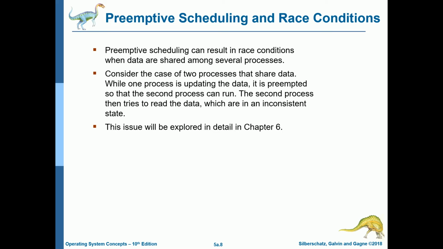We have two processes that share some data. While one process is updating the data, it is preempted so that the second process can run. However, the second process then tries to read the data, which is now in an inconsistent state. We're going to explore this more in a future lecture.